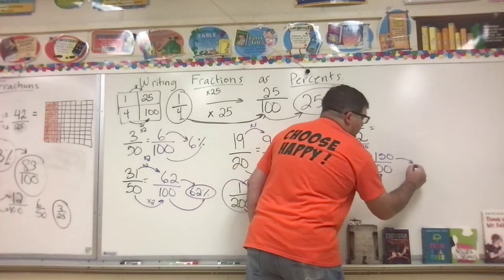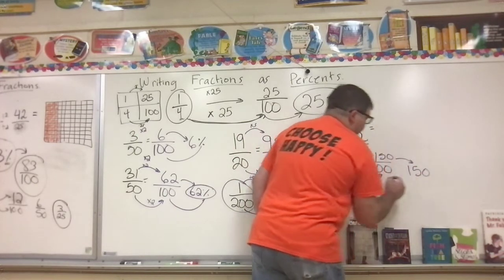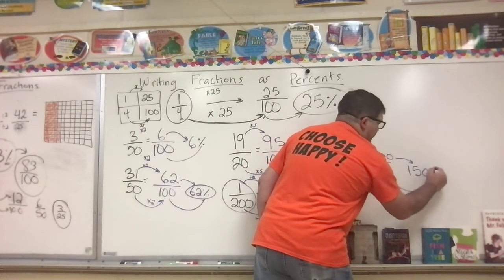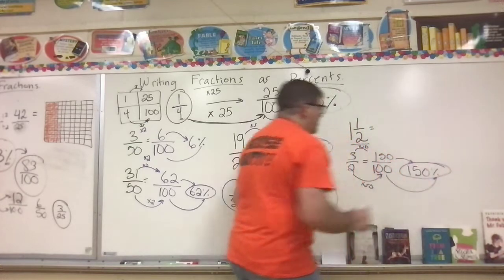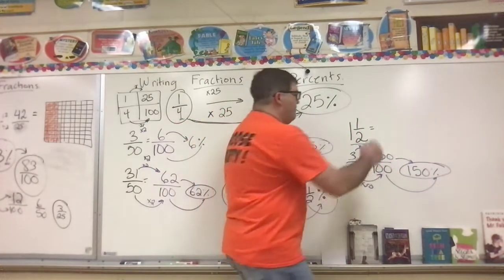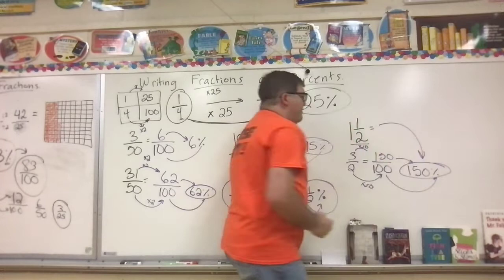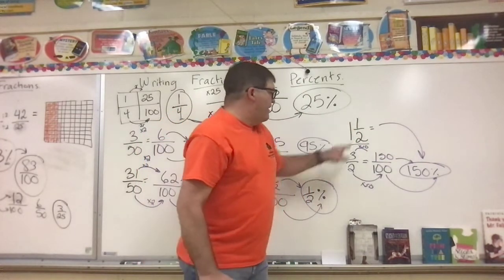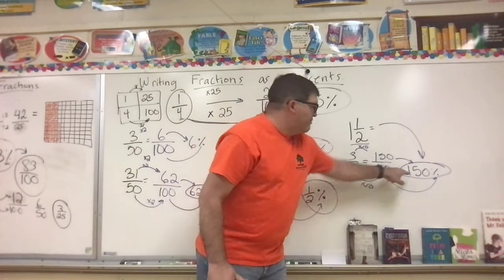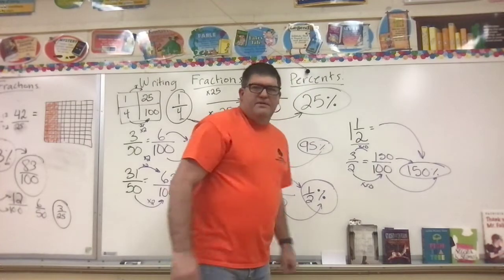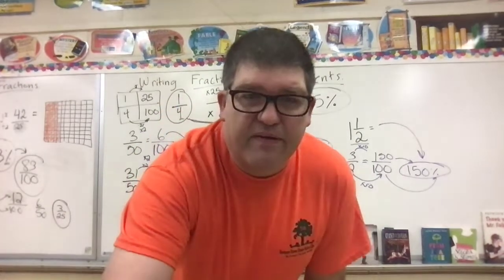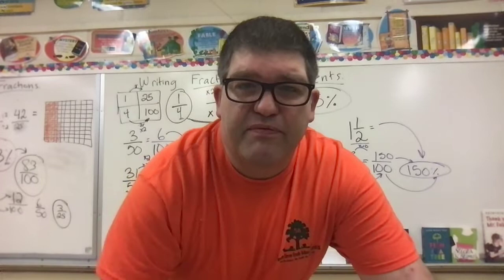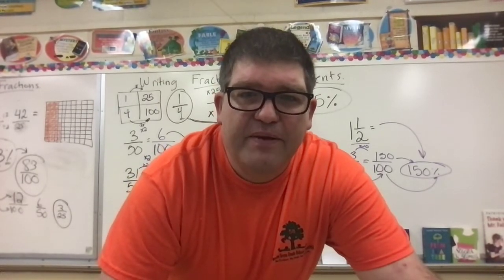This top part is the part I have, 150, and that is my percent. So 1 and 1/2 equals 3 over 2 equals 150%.